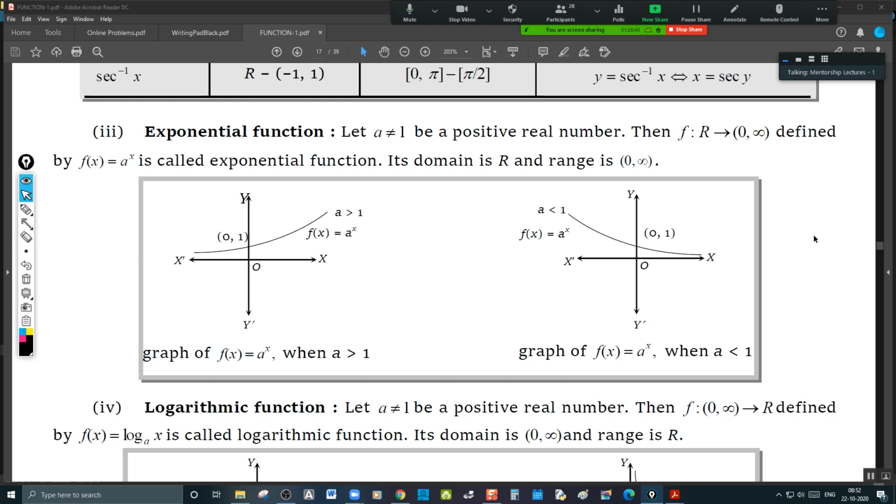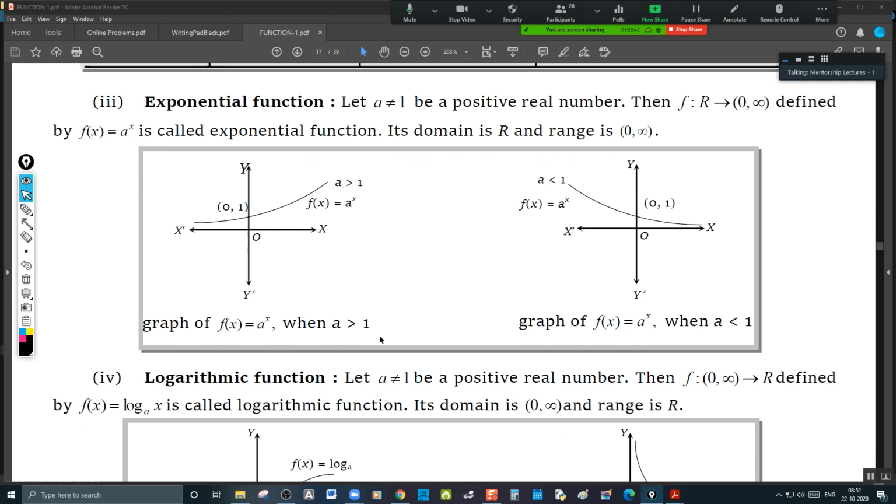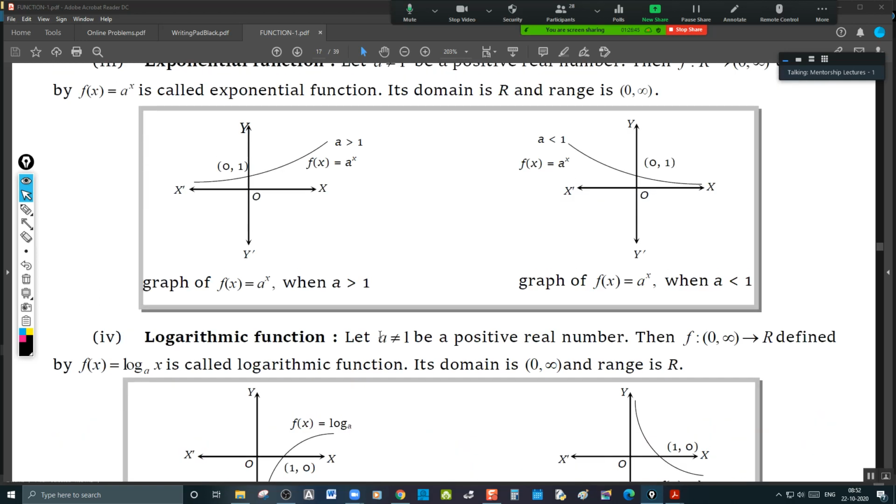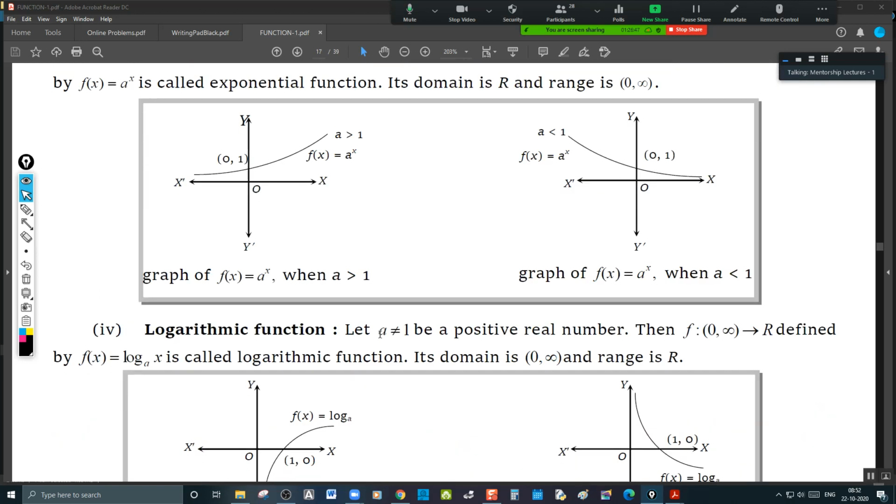And the logarithmic function is just a reciprocal. I must say that the logarithmic function is the inverse of a power x. Just remember that. How do we see this? Inverse of any function is a very, very important point for advanced concepts.